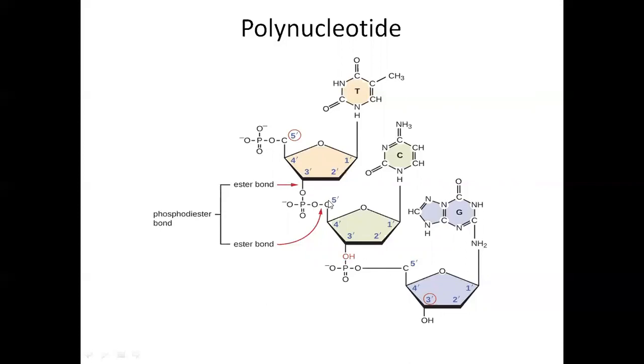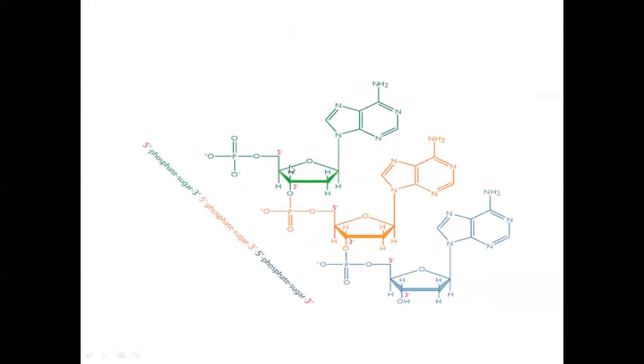If you take this polynucleotide chain, this is the first nucleotide. It has a free phosphate group at the 5' end. If you continue the same way to the last nucleotide, it should have a free hydroxyl group at the 3' end. So here is the 5' end with the free phosphate group, and this is the 3' end with the free hydroxyl group.